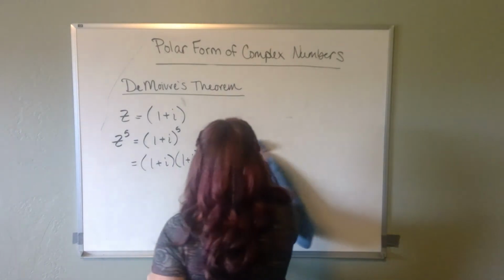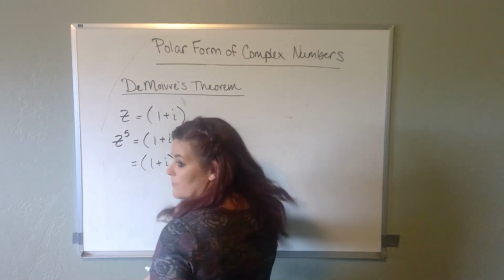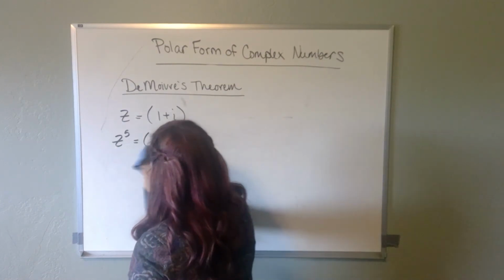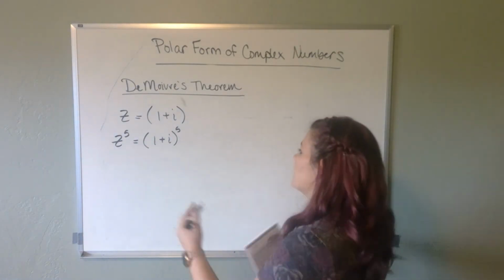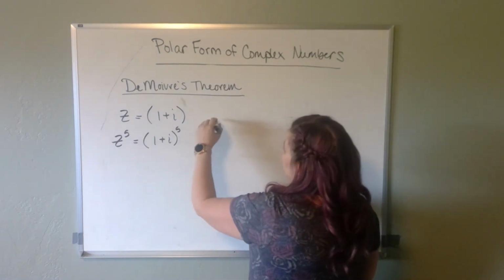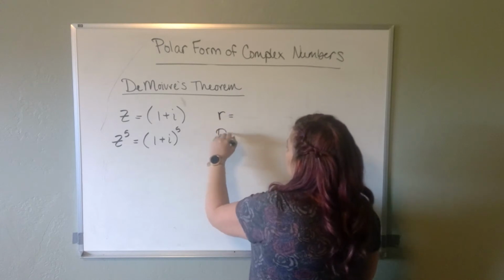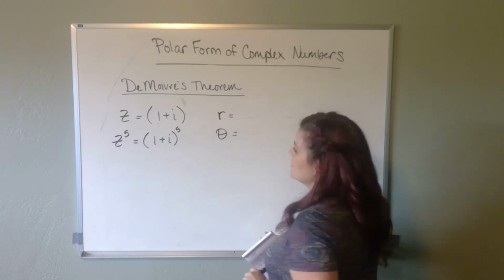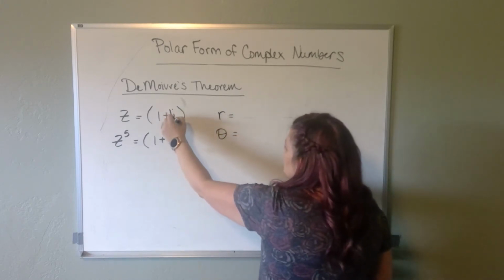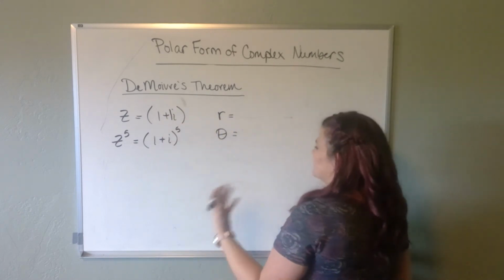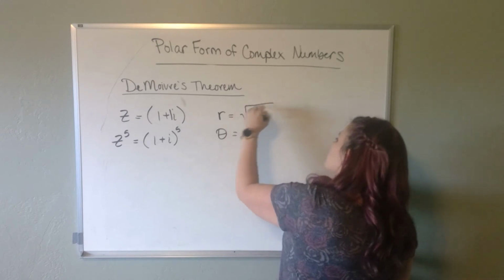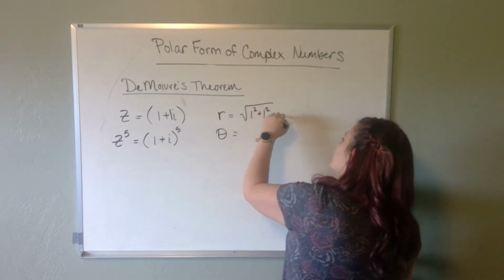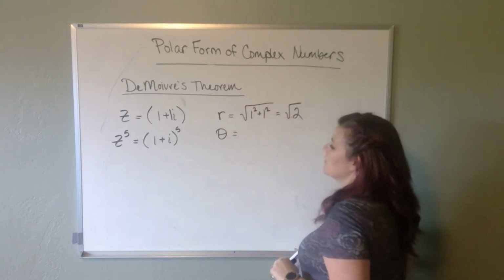So, here's what I do instead. On these problems, and you have a couple like this, you need to convert it to polar form first. How do I convert to polar form? Well, I find an r and I find a theta. So, remember this 1 plus i, it's 1 plus 1i. I'm pretty sure we've done this one. But you guys, you're going to get r equals the square root of 1 squared plus 1 squared and get the square root of 2.